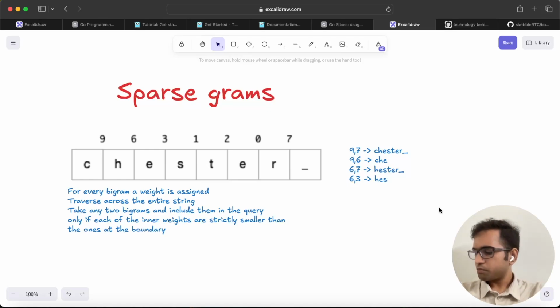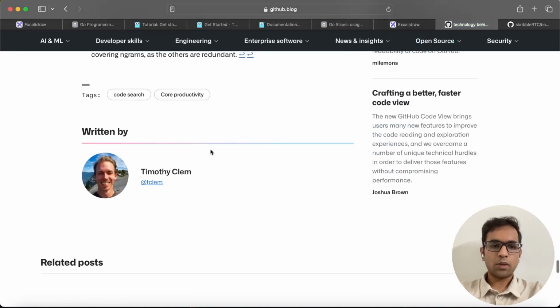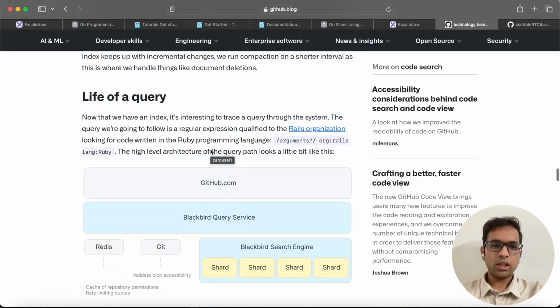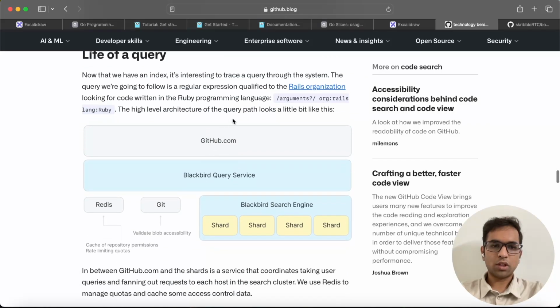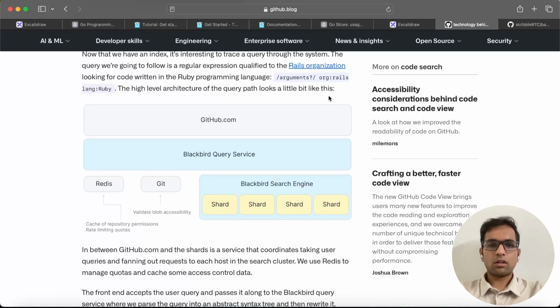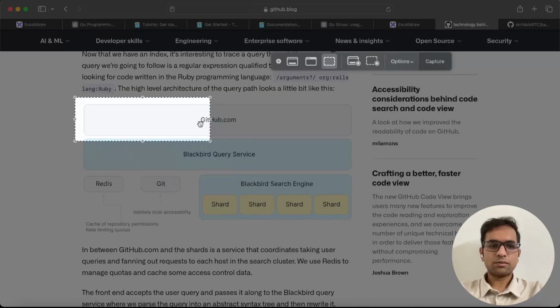So in this way, and also they have described the life of a query. Whenever a query comes in, for example, they have taken a query like slash arguments org rails lang ruby, which means someone is going to search on the basis of language, and the organization is rails.